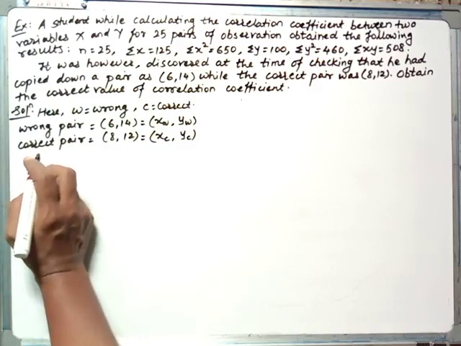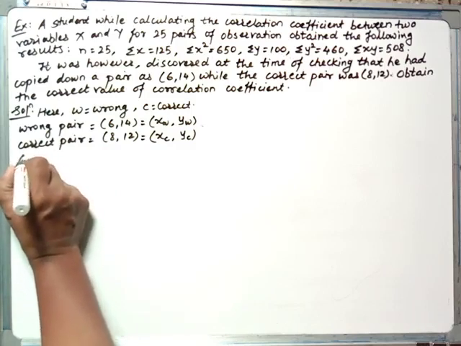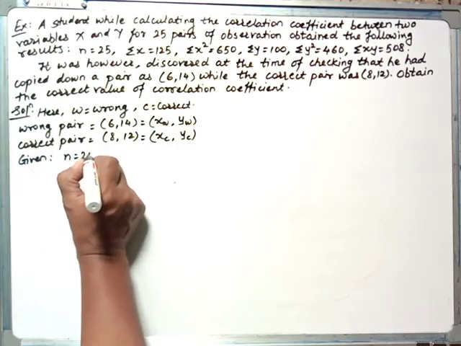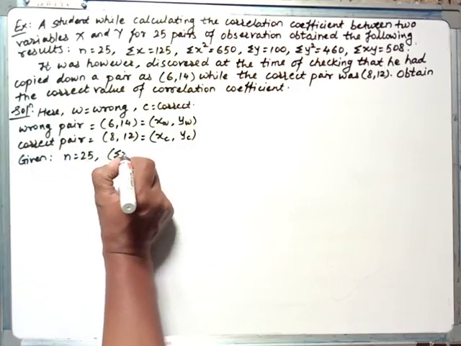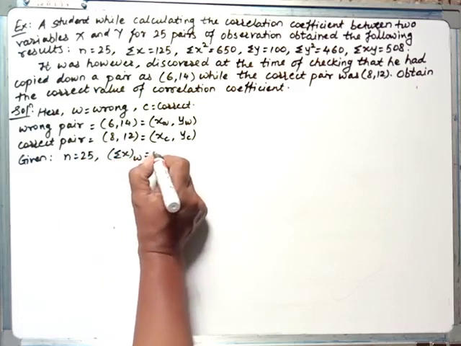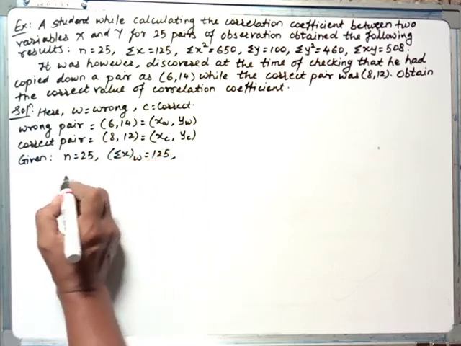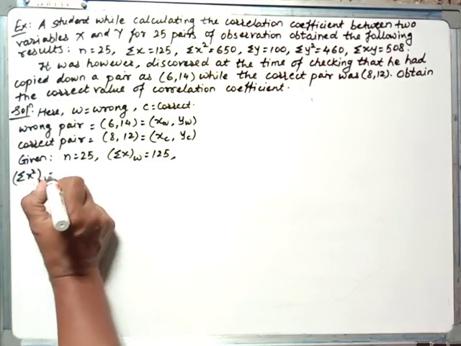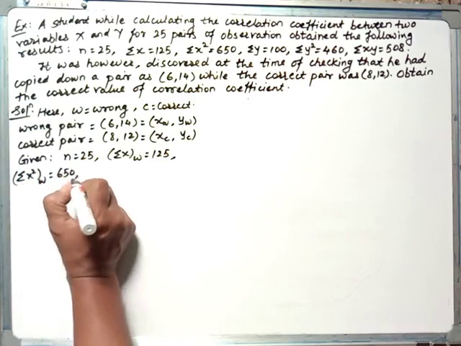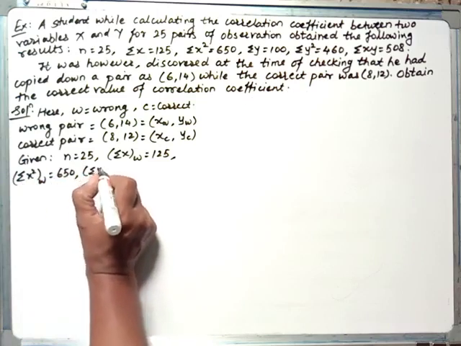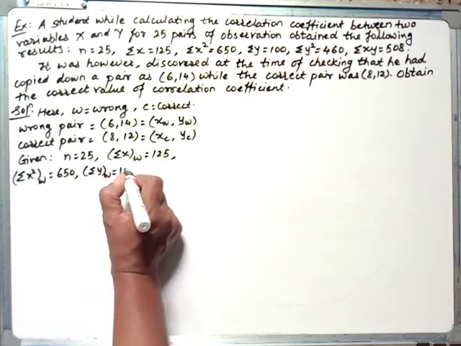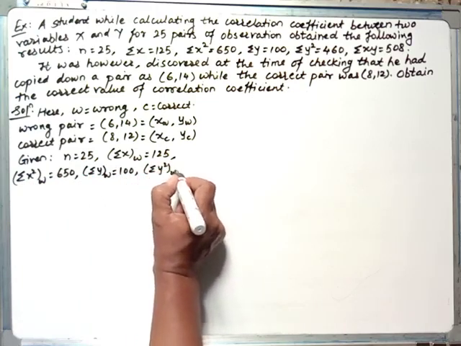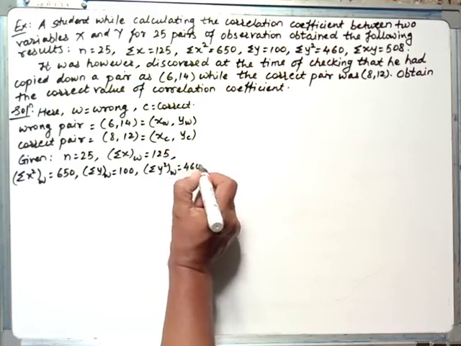So let me write them. Given n is 25. Summation x is wrong, it is 125. Summation x square is also wrong, it is 650. Summation y is also wrong, it is 100. Summation y square is also wrong, it is 460.